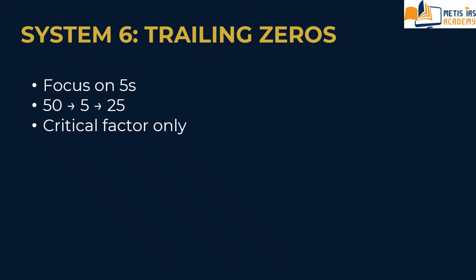This is factor counting. Trailing zeros depend on the number of fives. Count the multiples of 5. That is the answer. UPSC never wants a full calculation, only the critical factor. This has to be understood.